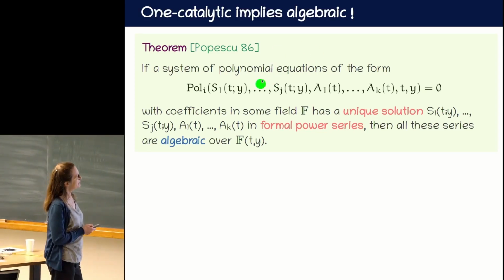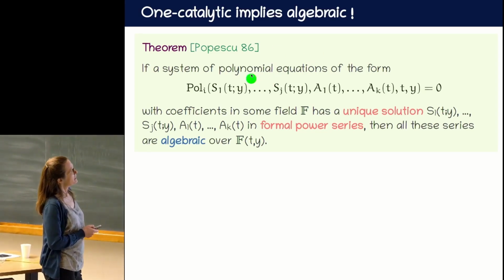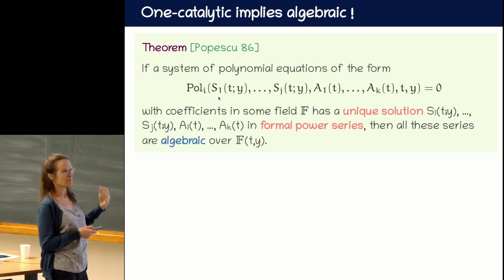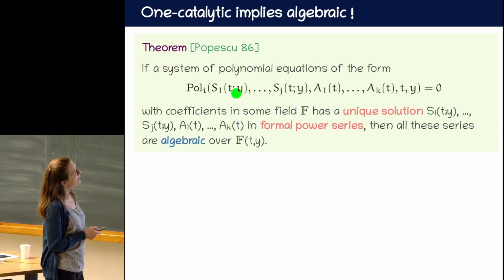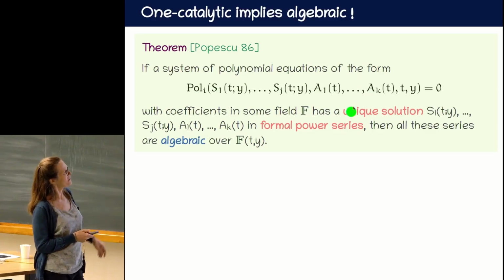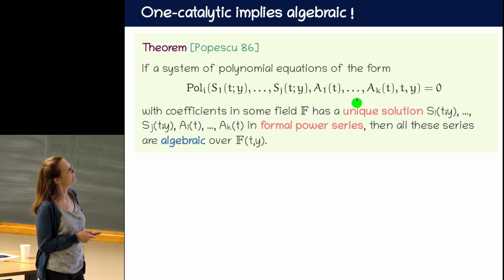And here is a statement. So imagine you have not one equation, but maybe a system of equations that relate j plus k unknown series. So the first j depend on t and y, but the last k, they depend on t only. So this time I'm writing the variable t explicitly.